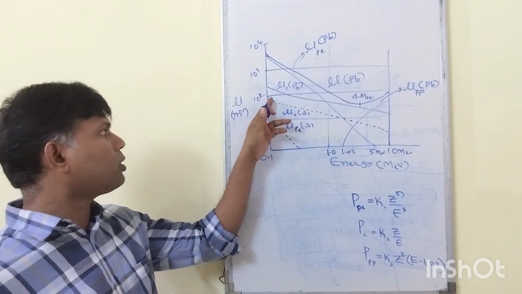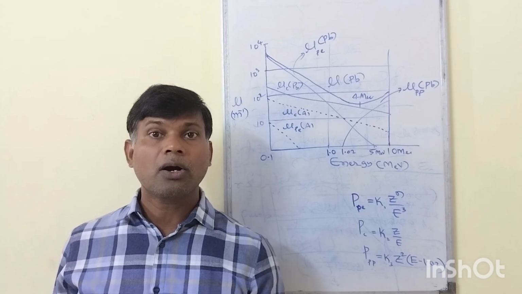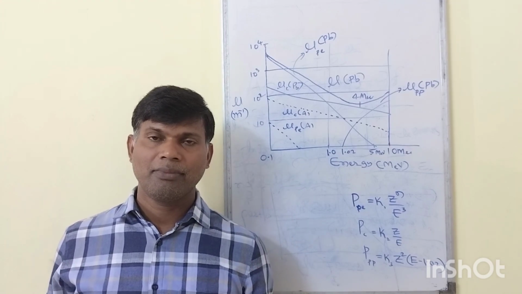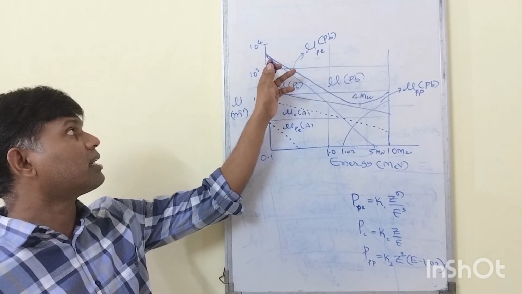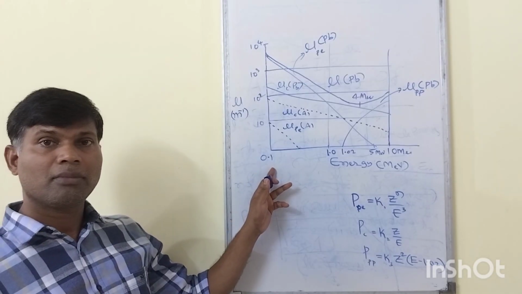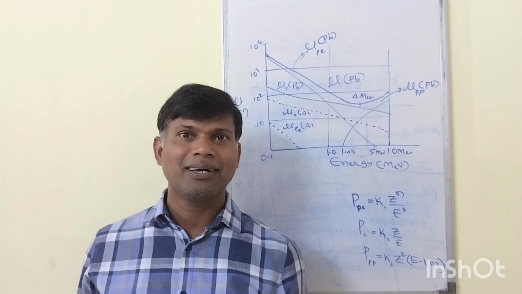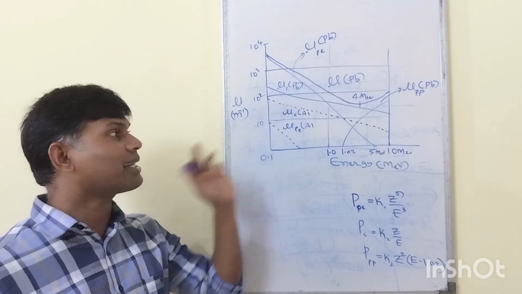So that's why it is more compared with the photoelectric effect. The Compton effect is more in aluminium. But in lead, it is the opposite. Lead photoelectric effect is dominant when energy is 0.1, because 0.1 MeV energy is less compared to the binding energy of the electron in lead. That is why this graph is like this, and that is why this graph is like this.